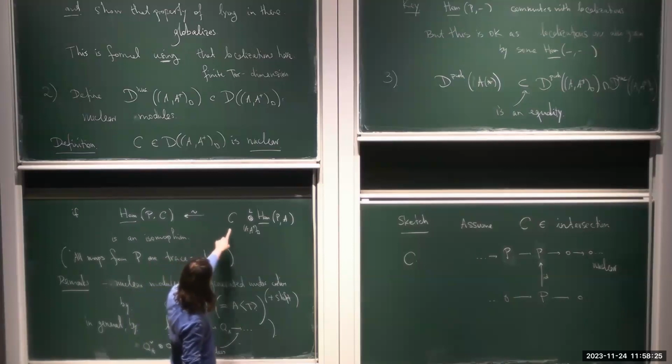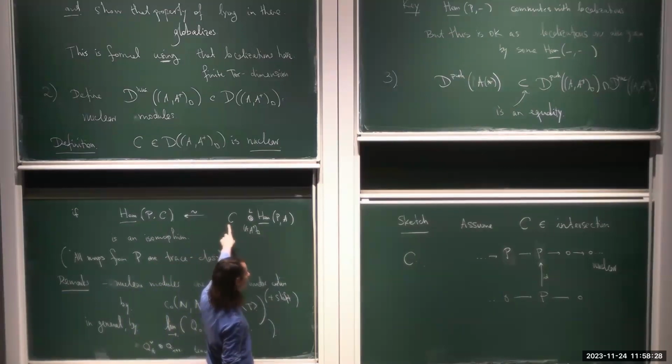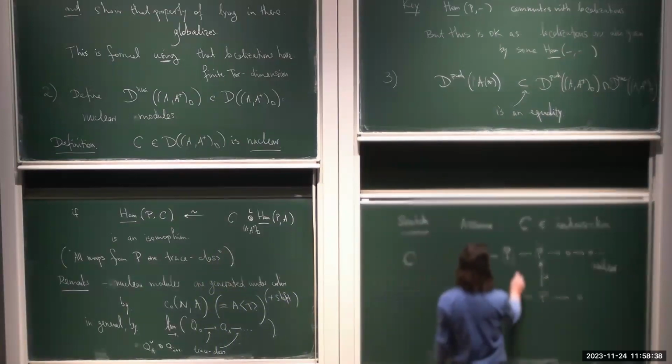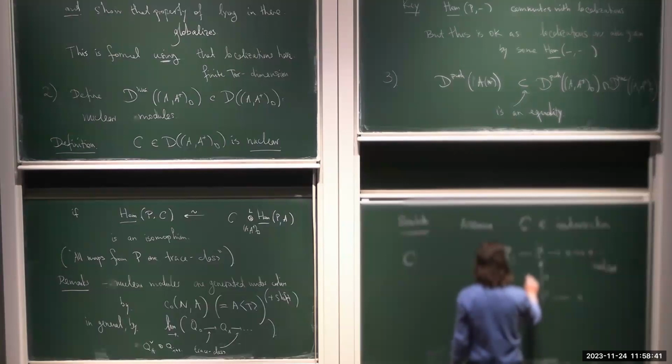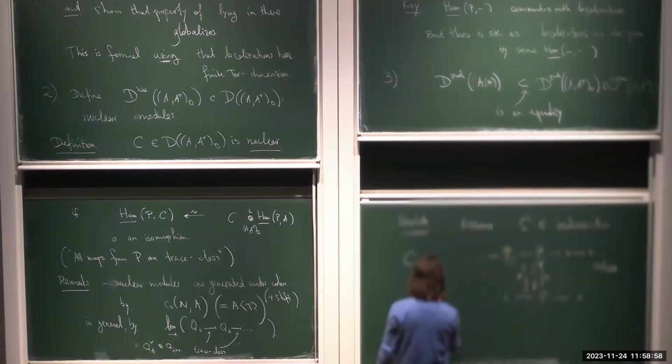Now, being nuclear means that it's trace class. And so if you actually have a section in here, then again you can factor this over some approximation to C. And so when you think a little bit about what this means, you realize that there exists a diagram like this, where G is trace class.